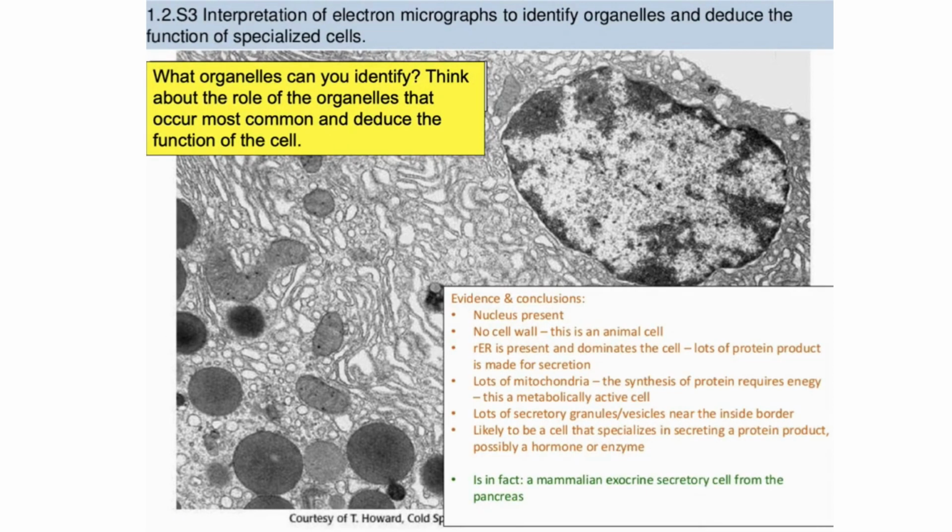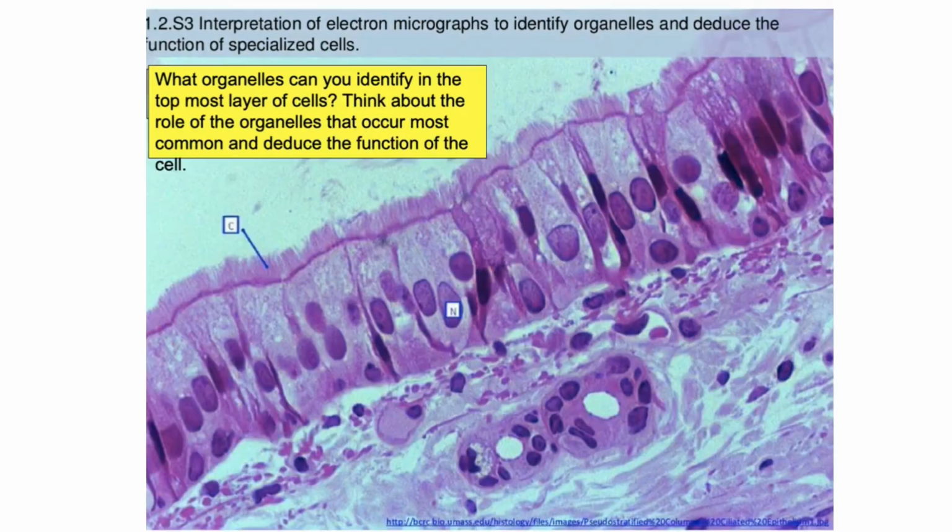Here we can see that the nucleus is present, no cell wall, RER is present, lots of mitochondria, probably because the synthesis of protein requires energy, lots of secretory granules, and likely to be a cell that specializes in secreting a protein product. And it is in fact the mammalian exocrine secretory cell from the pancreas.